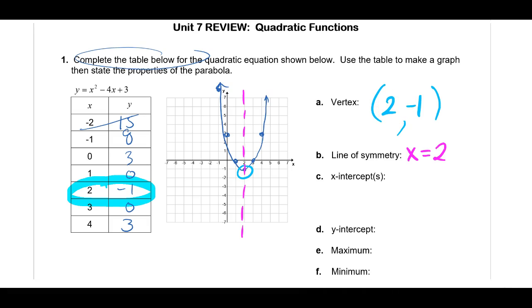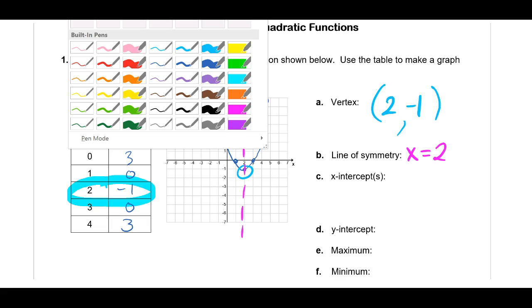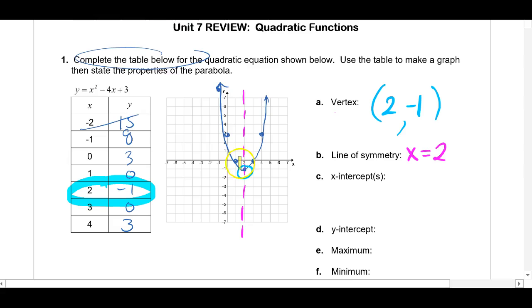Okay, now the x-intercepts. Okay, we're looking for where does it cross the x-axis. Well, it crosses here, and first of all, you see that that's 1 and that's 3, and also you see that same 1 and 3 over here in the table.